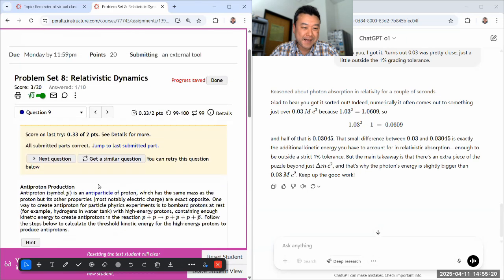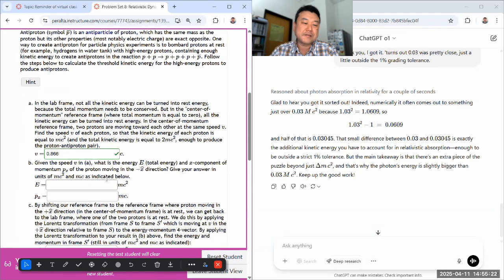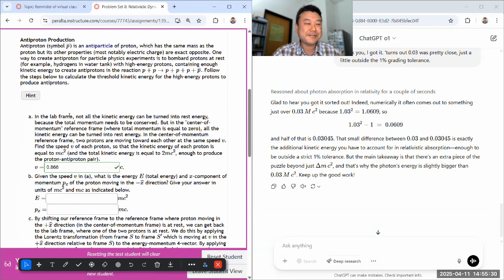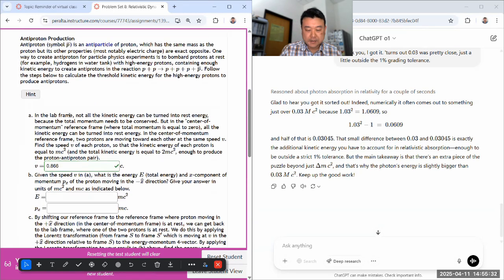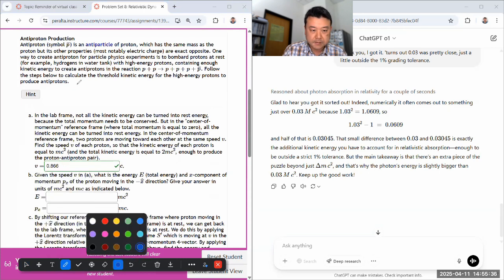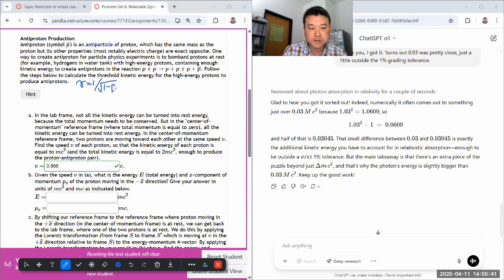It's a common enough number that I have it memorized. This is what you get when the gamma factor is 2, so it's like the square root of 3 over 4 or something. These are the two expressions that I have memorized. Gamma is equal to 1 over the square root of 1 minus beta squared, where beta is the speed as a fraction of the speed of light.